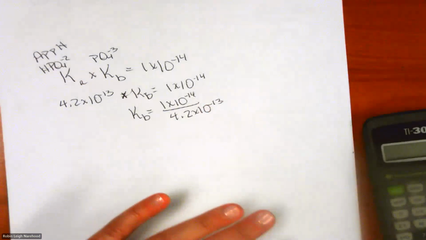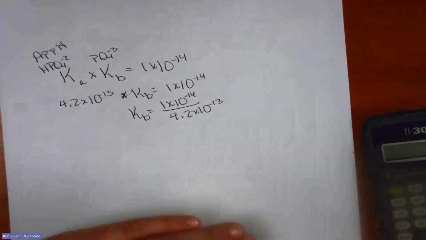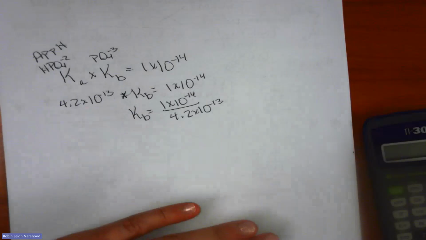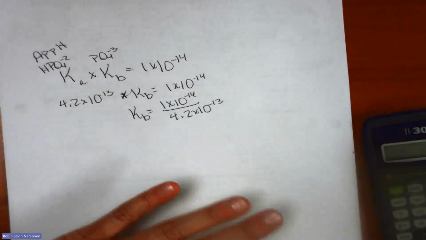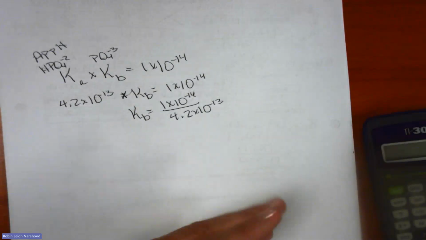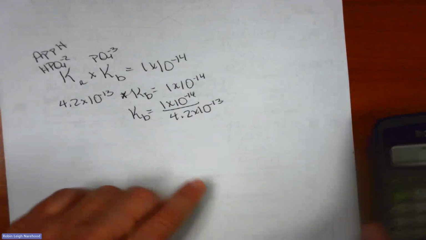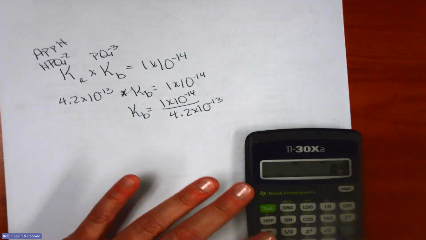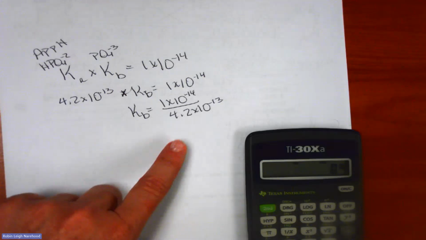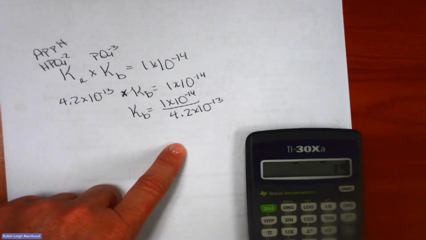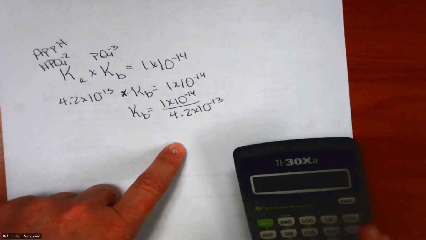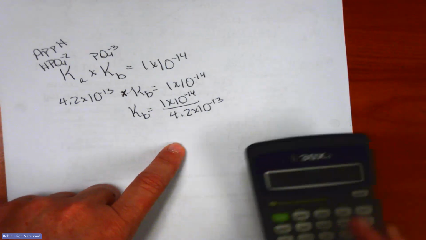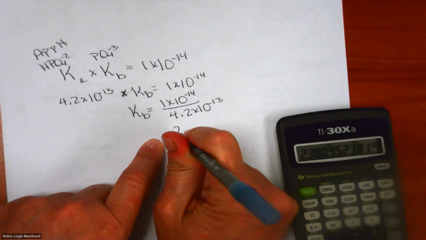Okay, so I have a -14 divided by a -13. Our constant is going to be much bigger than the other constants that we have previously seen. Still weak, because it's going to be less than 1, but it is a stronger weak one. So 1 exponent negative 14 divided by 4.2 exponent negative 13 equals 2.4 times 10 to the negative 2.